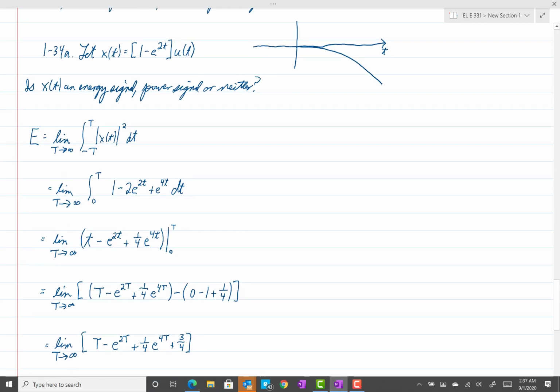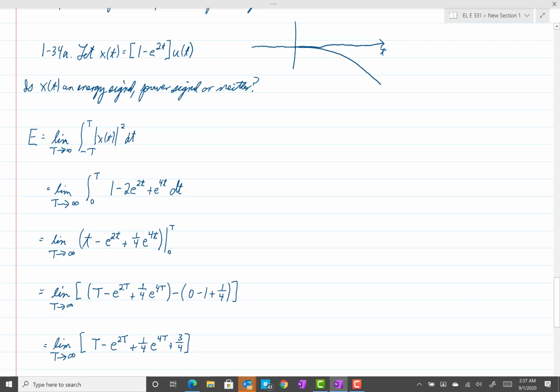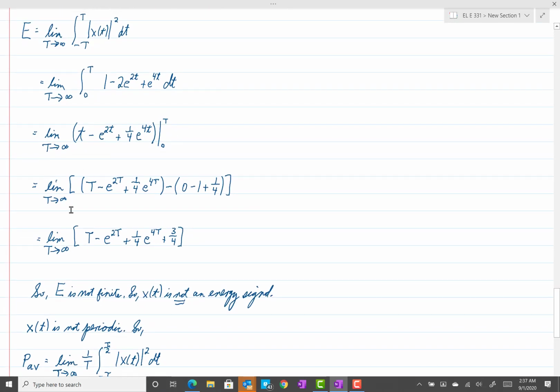And then when we go ahead and do the integral, we will get this, and the limits are 0 and capital T. When we evaluate at the upper limit, we get this, and at the lower limit, we get this. And then when we subtract, we will be left with this.